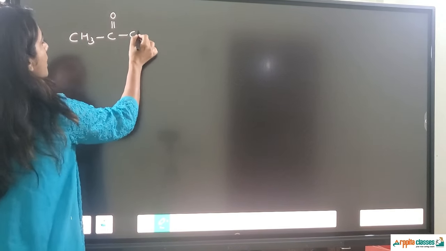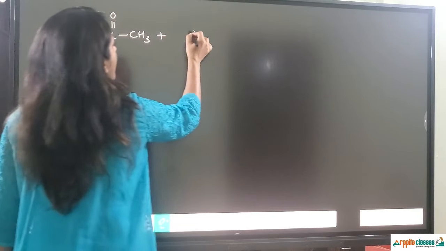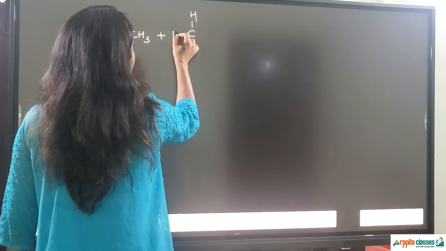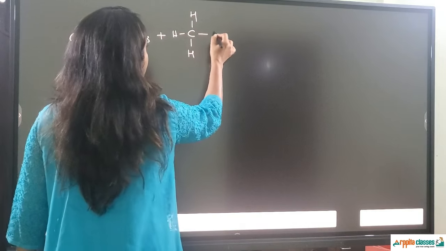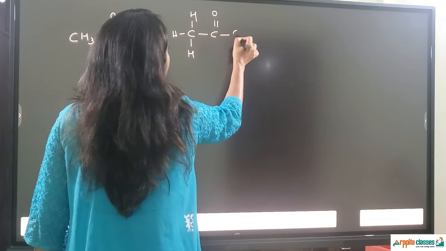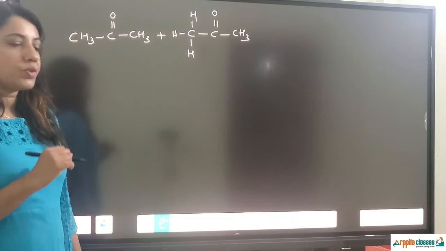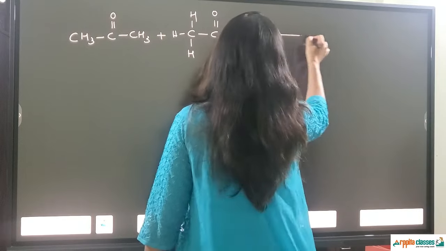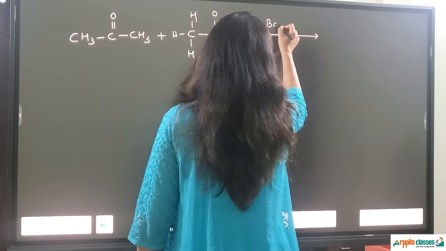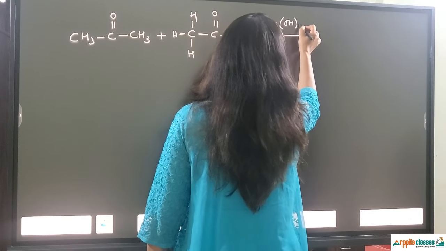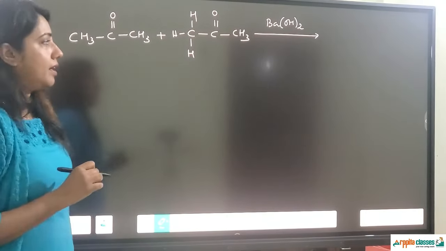So this is one molecule of ketone, CH3COCH3, and this is another molecule of ketone where I am showing the alpha hydrogen like this, CH3, C double bond O CH3. The condensation happens in presence of alkali, and in this particular case we take barium hydroxide or baryta as the alkali.